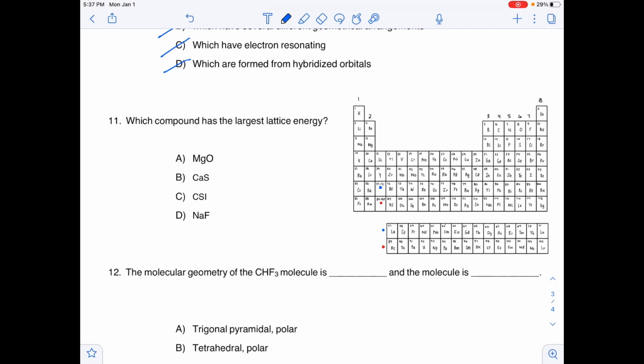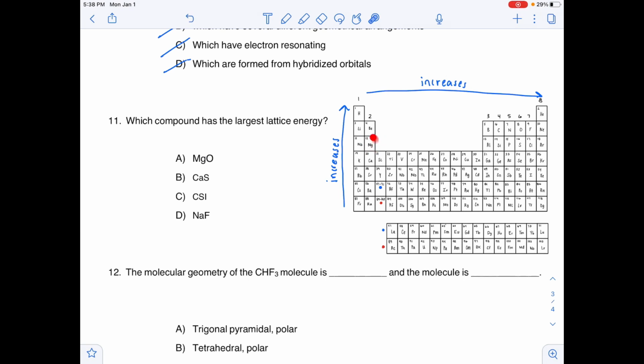For 11, it says which compound has the largest lattice energy. So as talked about previously, lattice energy increases as you go up the periodic table, and as you go from left to right, it increases. So when we look at our answer choices, we can first start with B, which is calcium and sulfur. Calcium's right here and sulfur's right here.